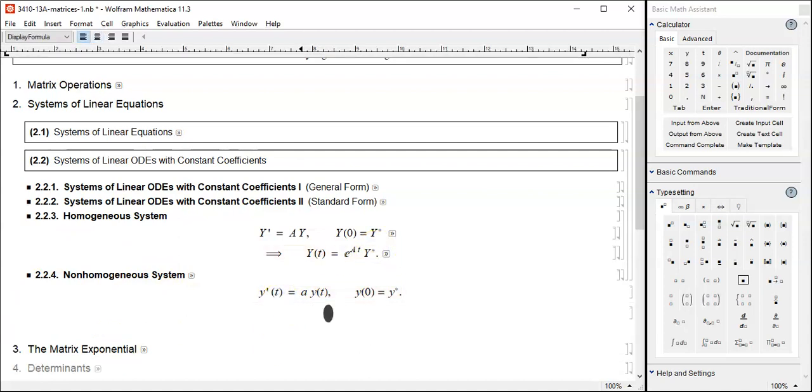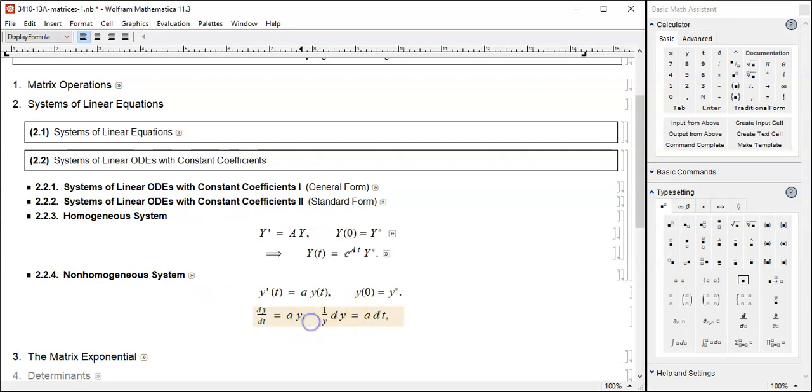We have enough time, so let me show you. It's equal to a times y, so we can write like that.